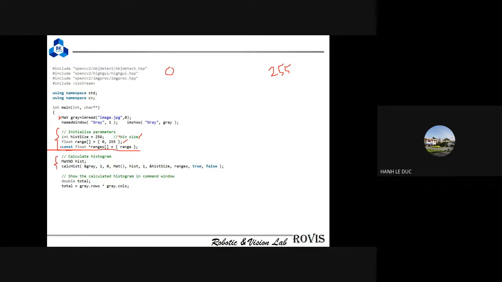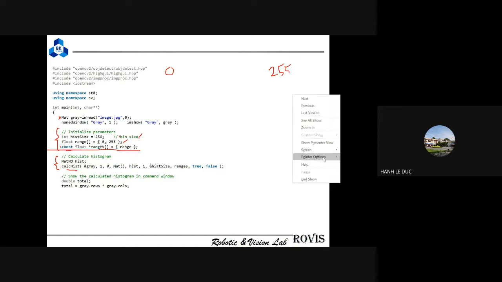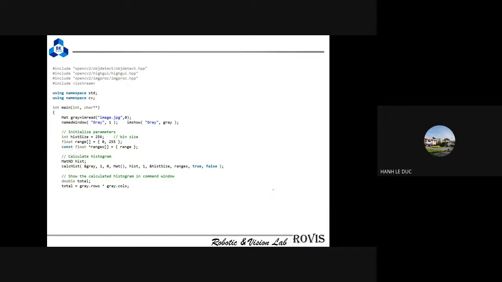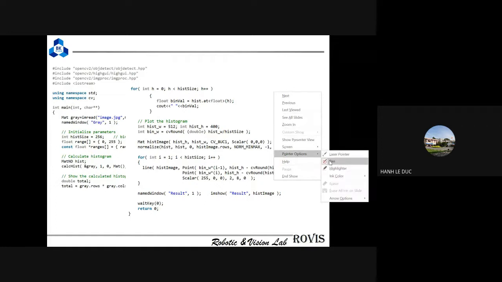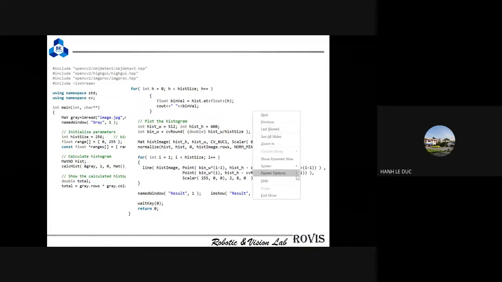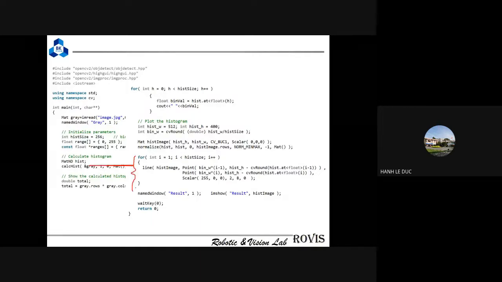And then this is the code you have to follow. This one is the code to calculate the histogram of the image, and this is the code for you to draw the histogram. Just follow the procedure on the slide.